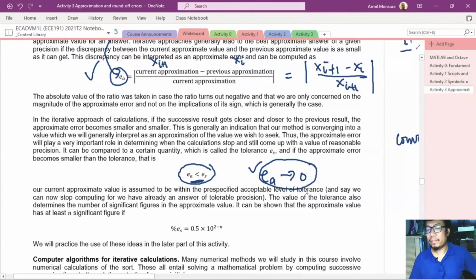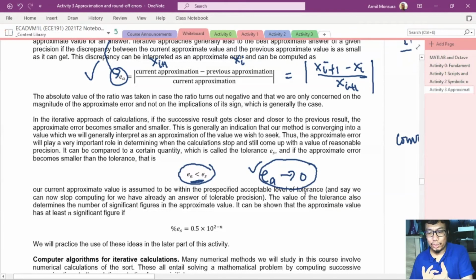And because it becomes zero, we can then interpret the answer as something that our iterative calculation has converged to, and therefore the answer it gives is a result that contains a certain number of significant figures.